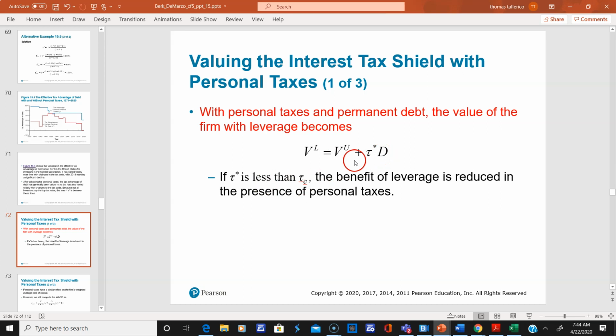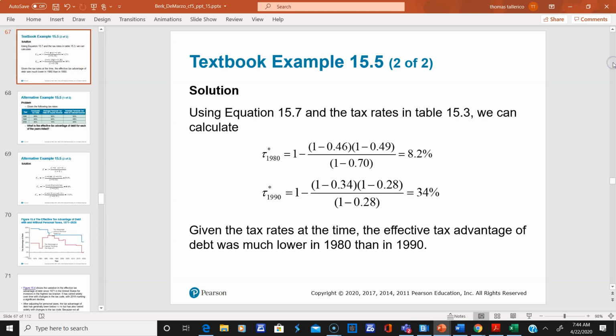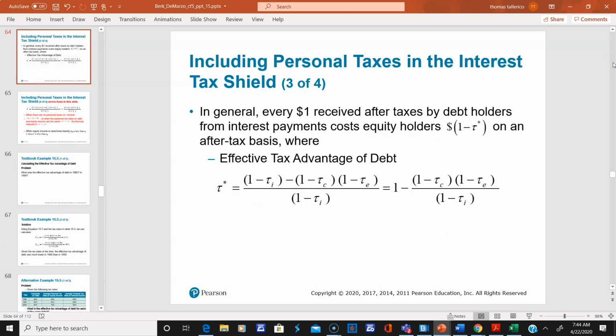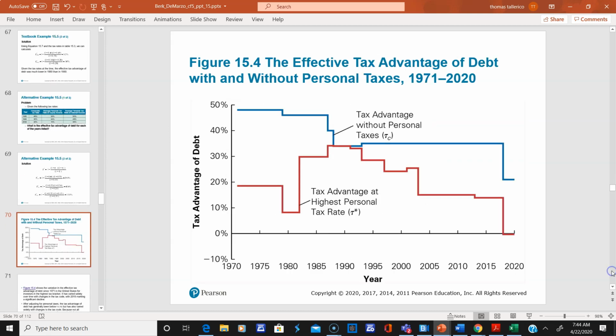This is the tax advantage that we talked about. If we go back just to review that real quickly, here's the effective tax advantage with debt, and that's this T star. I just wanted everyone to remember that because we haven't seen that in a while.